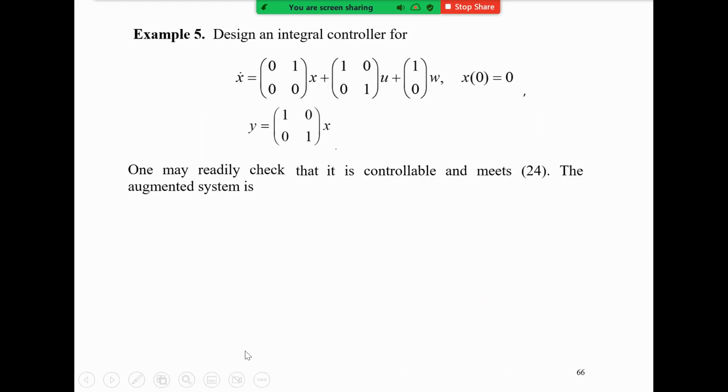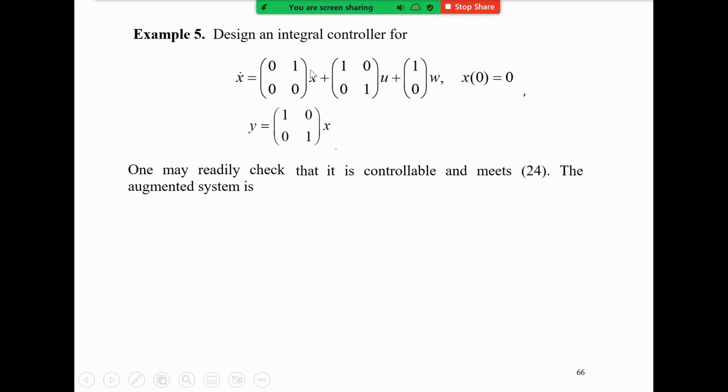Okay, so finally, let's just quickly go through a final design example where we have an integral controller. We want to design an integral controller to track, right? The output, actually, are the 2 state variables. So we want to follow 2 desired outputs, the 2 state variables.